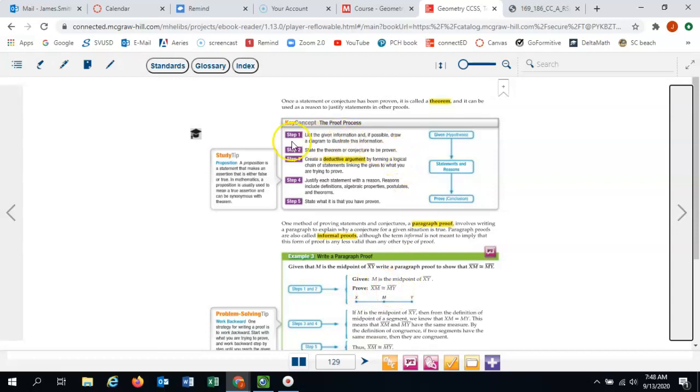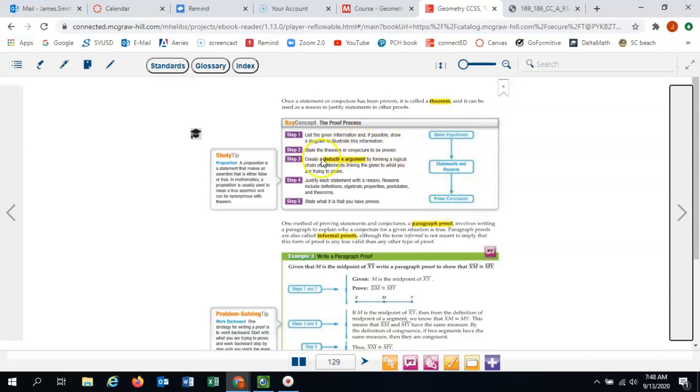Our goal is to figure out what goes in the middle. What geometry information can we apply that will take us from the given information to whatever we're trying to prove? This is the tough part. This is where we have to come up with our own statements and our own reasons for getting from here to here.